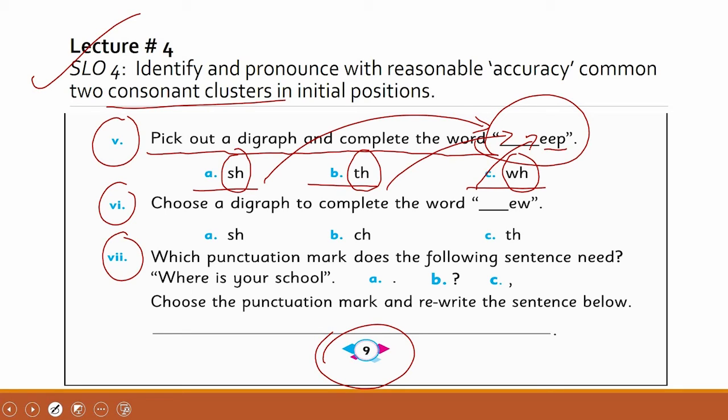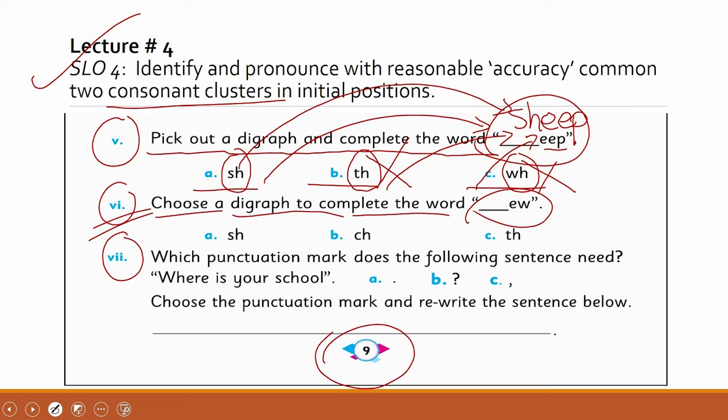Well, there is no such word as theep or weep in English, but the word sheep, yes, it is there, and as we all know, sheep is a farm animal.